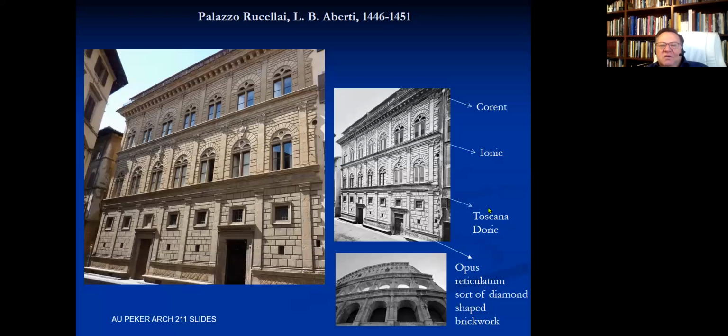Different orders introduced by Alberti: at the bottom Tuscan, at the second level Ionic, at the third Corinthian. In a way, they differentiate those horizontal zones, but at the same time interrelate them by means of these pilasters, one above the other.